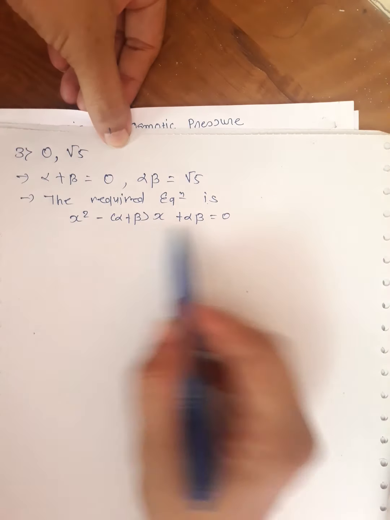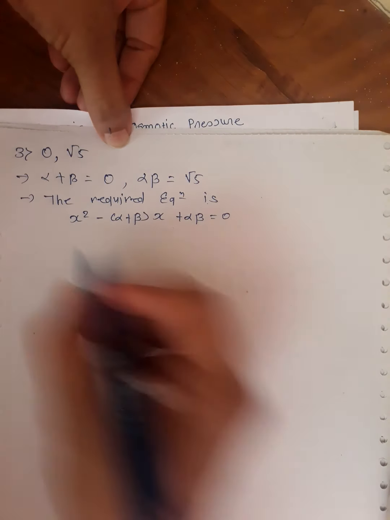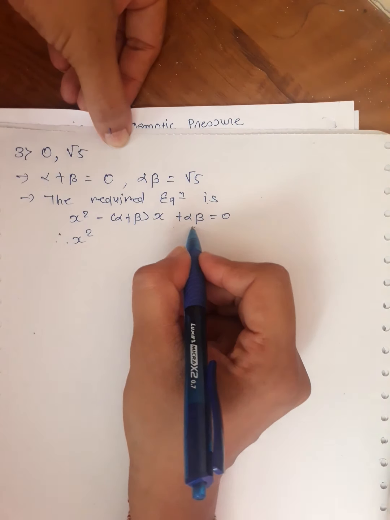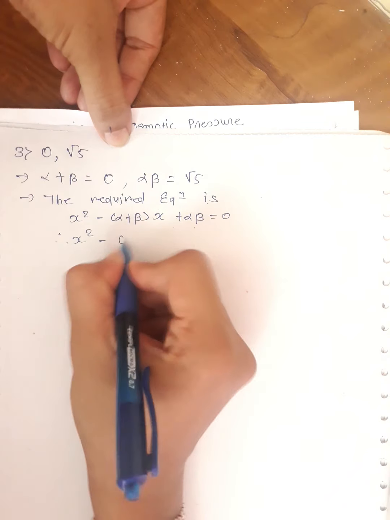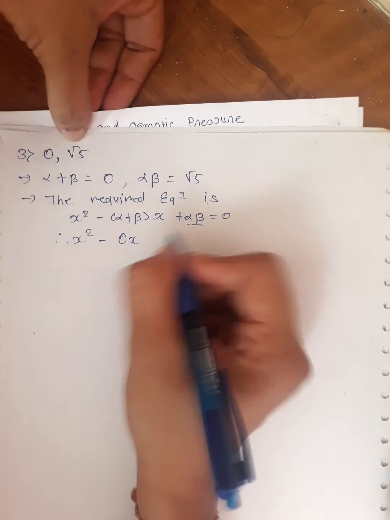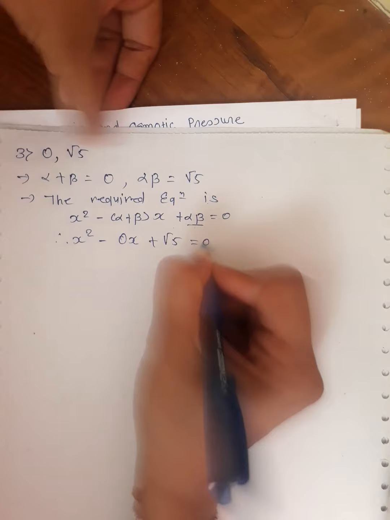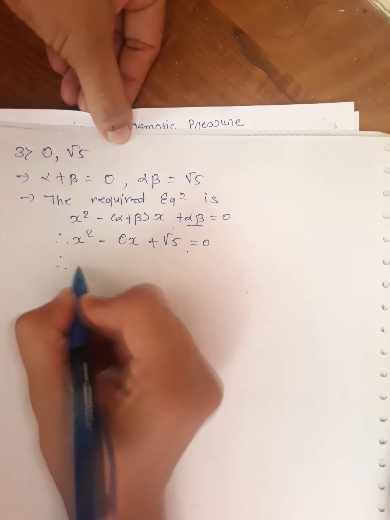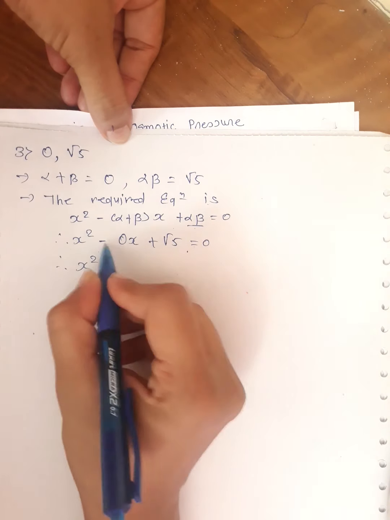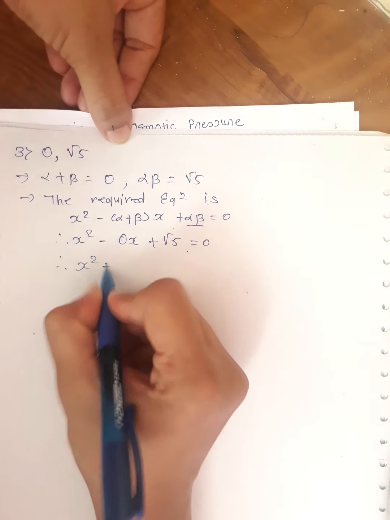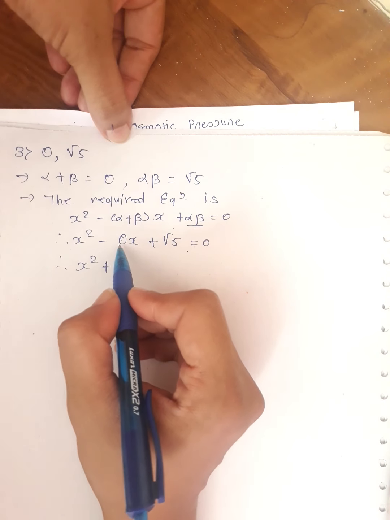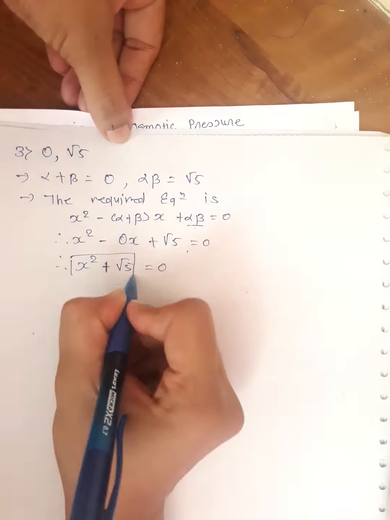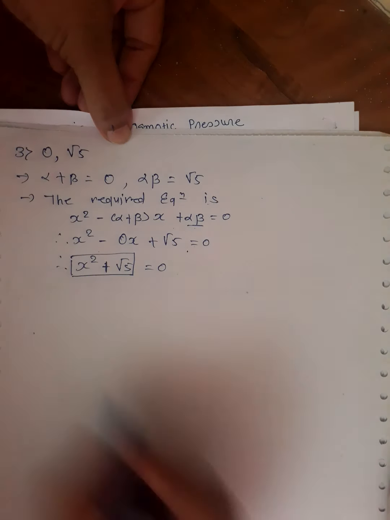Every time you need to mention this equation and then put the values of the sum and the product of the zeros in it. So the sum is 0 and the product is root 5, so you can directly write x square minus 0x plus root 5 is equal to 0, or you don't need to mention the 0 term. So x square plus root 5 is equal to 0.